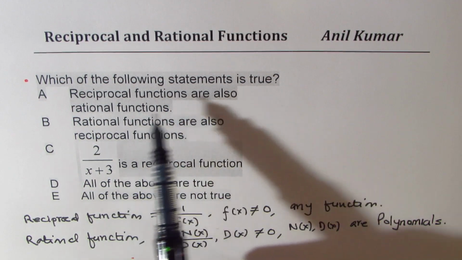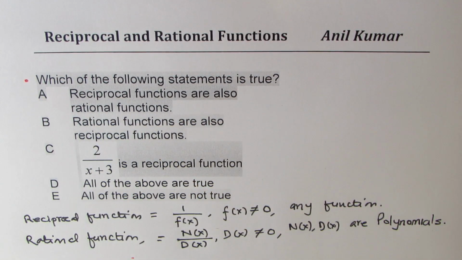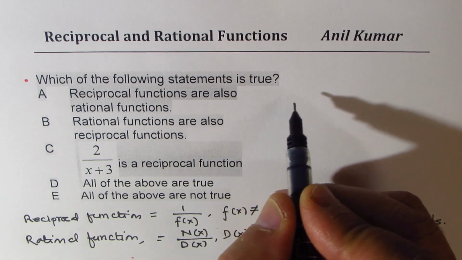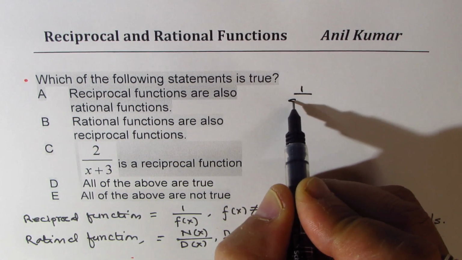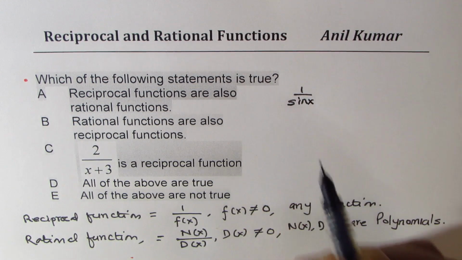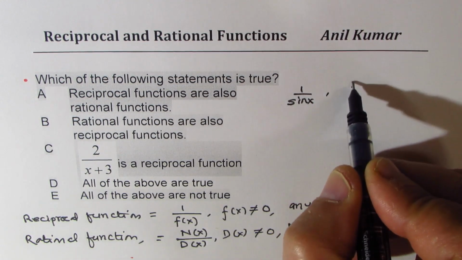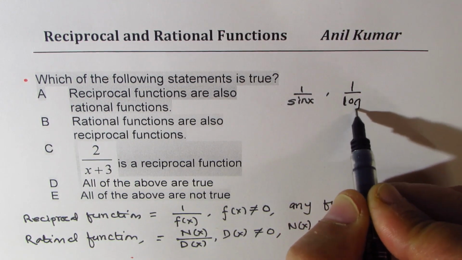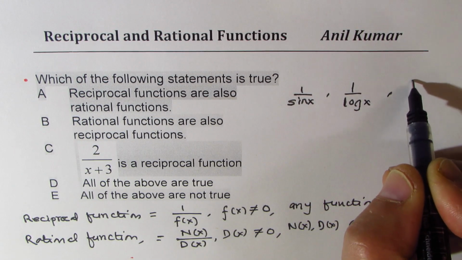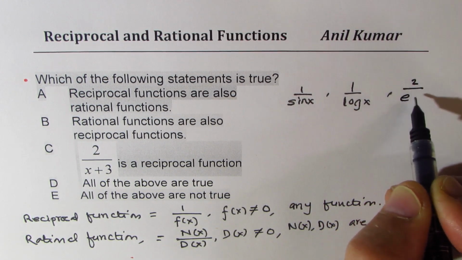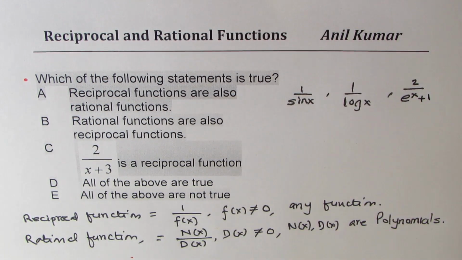Reciprocal functions are also rational functions. It is definitely not correct, since we could have a reciprocal function as 1 over sine x, for example. Sine x is not a polynomial. We could have 1 over log x, for example. We could have something over e to the power of x plus 1, for example.